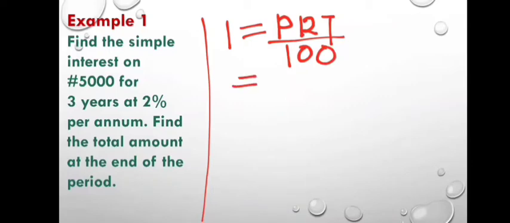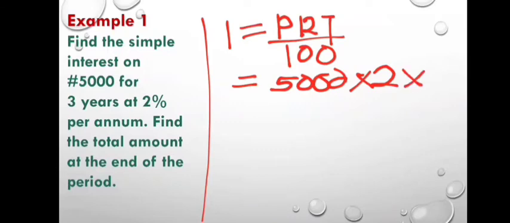So the calculation here, we have the principal, the amount that was invested, now is 5,000 naira times the rate, which is 2%, 2, then times the time, which is 3 years, all over 100.